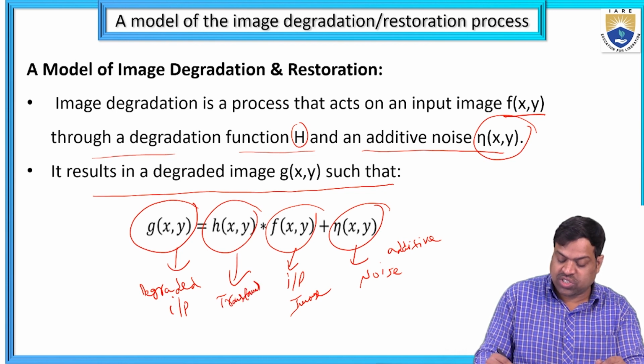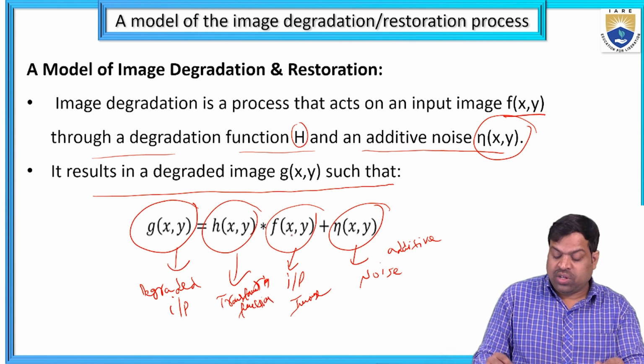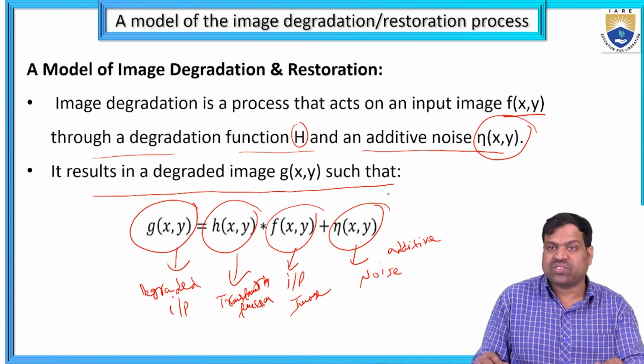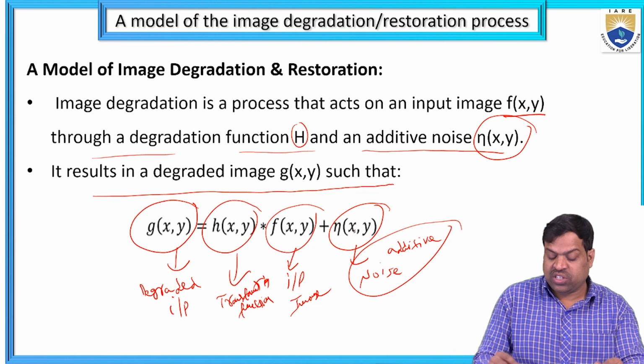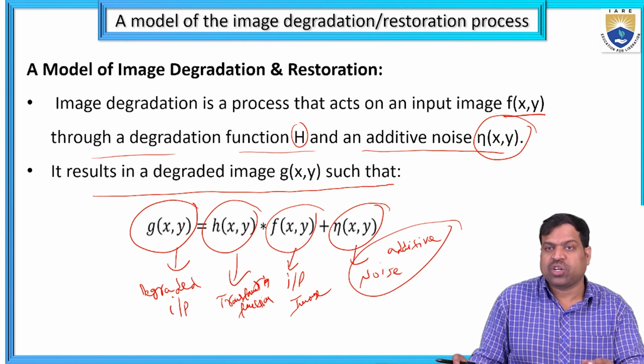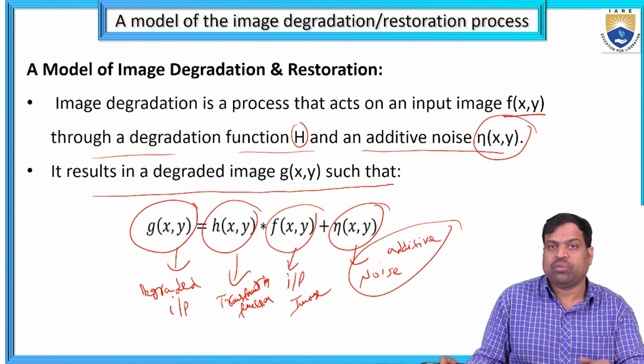The input image transformed by h(x,y), plus additive noise, is called the degraded image. So g(x,y) equals the transformation function h(x,y) applied to the input function f(x,y), plus additive noise nu(x,y).